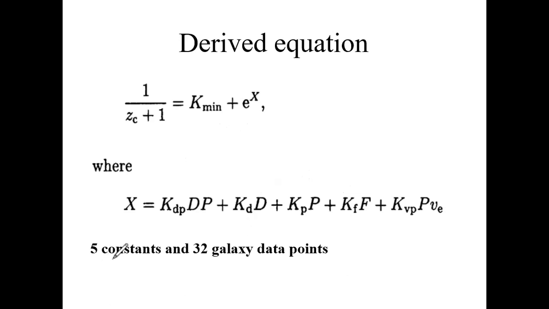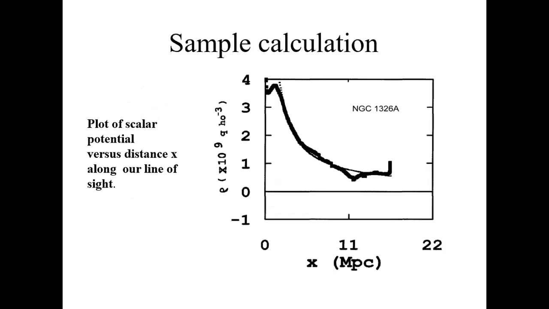There are 5 constants and 32 galaxy data points, so you should be having pretty good data here to calculate. This is a sample of the calculation where we look at the rho at each point from the galaxy to us, and what the rho calculation of all the other sources, sinks, and matter does to the rho.